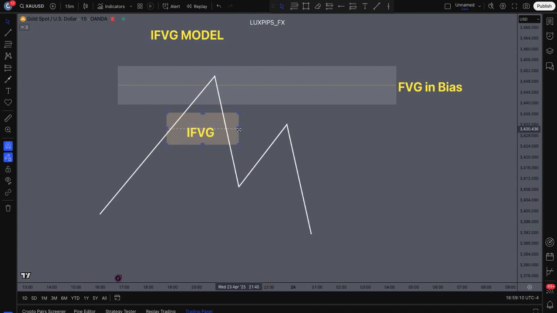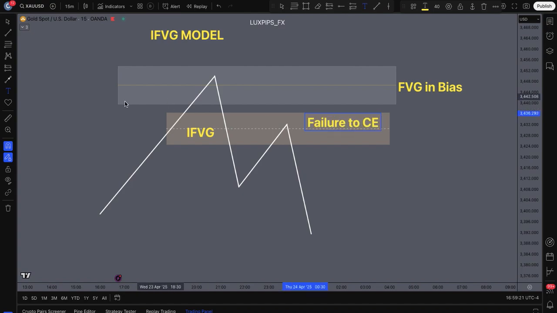At this IFEG, we want to see a failure to CE. So of course, it goes with a grain of salt. It's not always picture perfect, but we want to mostly see the CE level, this mid level, be used to continue the bearish scenario.